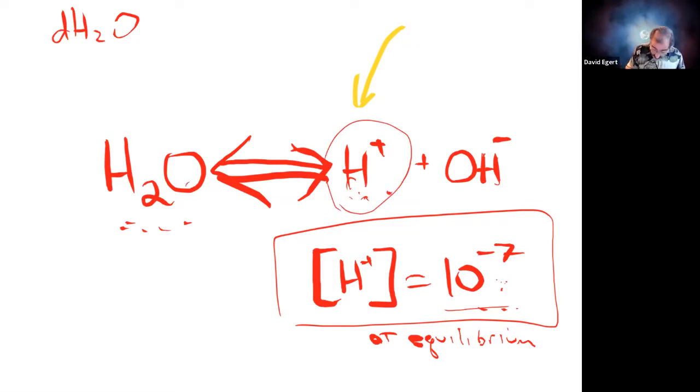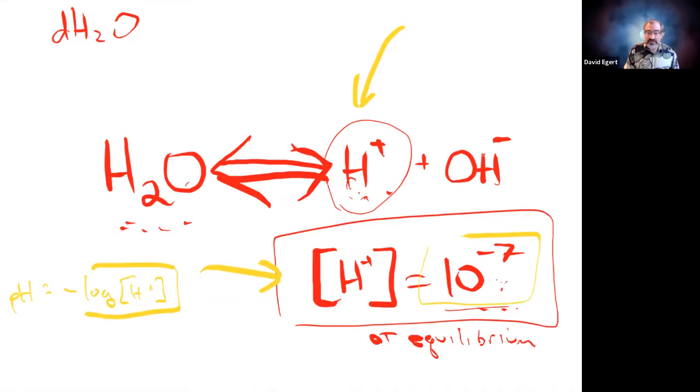What is the pH for this? Remember, pH equals minus log of the H plus ion. So remember, log is what power do I have to raise 10 to give me this? Again, that's not rocket science. What power do I have to raise 10 to give me 10 to the minus 7th? 7.